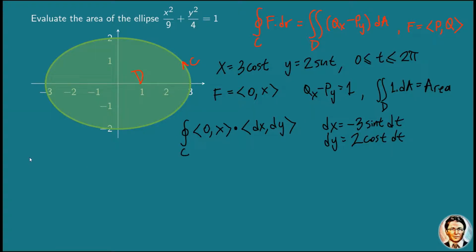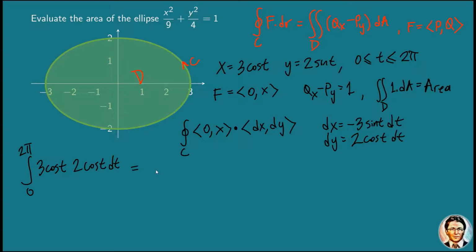So the line integral becomes 0 times dx plus x times dy, so it is going to be 3 cosine t times 2 cosine t dt, t from 0 to 2 pi.